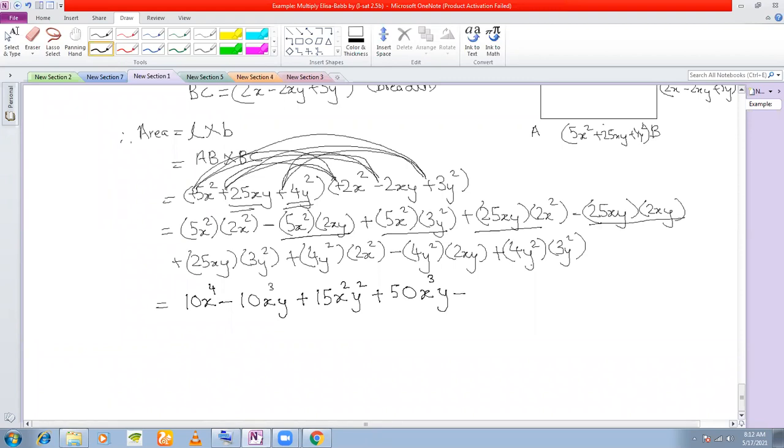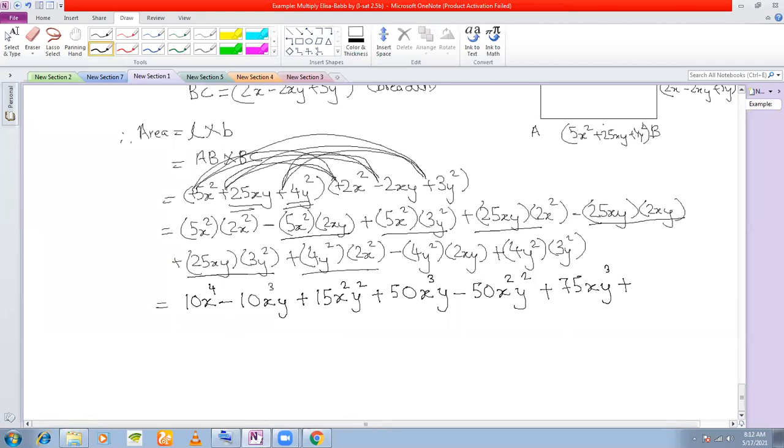Minus, now in the next term, 25 into 2 will give you 50. X into x will give you x square, y into y will give you y square. Next, in this term, you have 25 into 3, which is 75. And you have a single x, and y into y square will give you y cube.